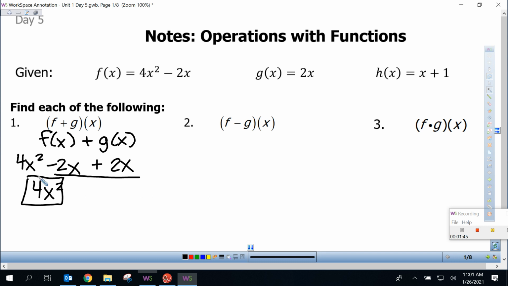Number 2, what operation are we doing with f of x and g of x? Subtracting them. So another way I could write this would be f of x minus g of x. So what do I put for f of x? 4x squared minus 2x.